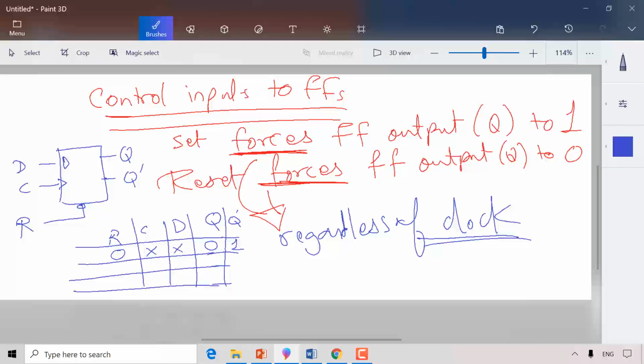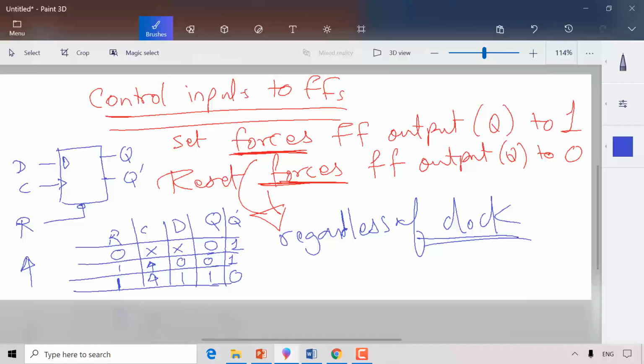Now if reset is inactive, then when the clock rises, as the upward triangle indicates, and D is 0, then Q will be 0 and Q prime will be 1. When reset is inactive, the clock rises and D is 1, the output Q will be 1 and Q prime will be 0.